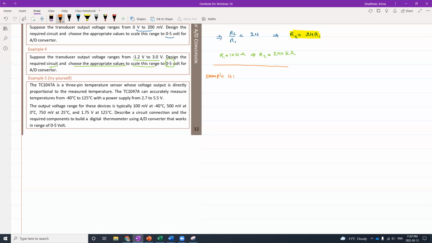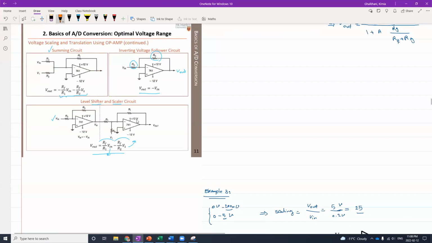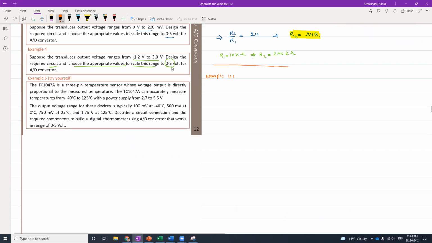We need to again, this time, use the shifter. Let me go back to this slide. This is the shifter, right? We are going to shift it. So we need to use the shifter and a scalar circuit for efficient use of the analog to digital converter. The voltage from -1.2 volt to 3 volts must be mapped to 0 to 5 volt.